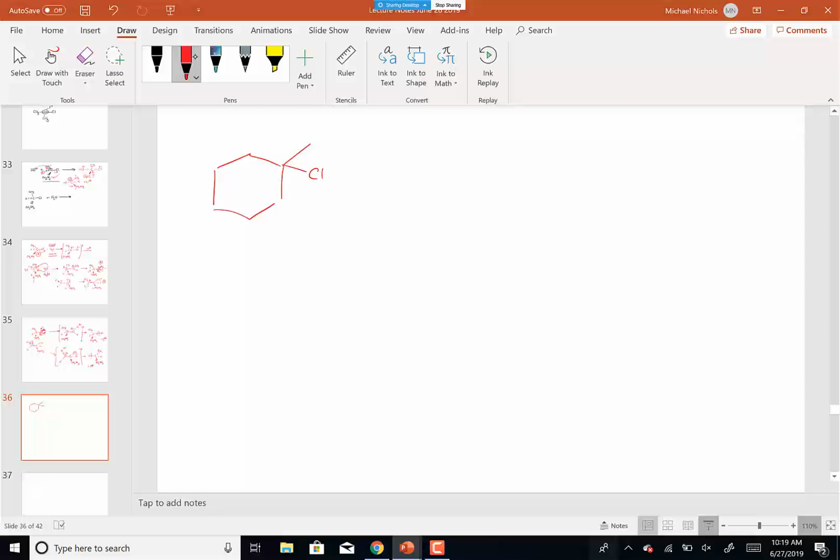That's E1. Here, I'll put the double whammy on you. Oh wait, you wanted 2 steps. There. Can we write the mechanism of this SN1 reaction?